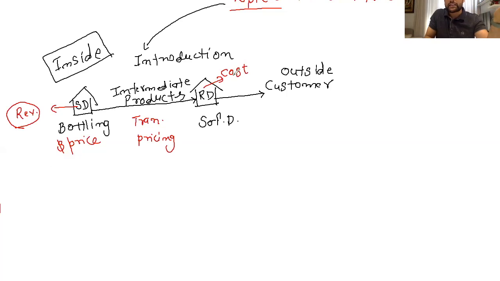So it is a cost for the receiving department and revenue for the supplying division. Whatever price the supplying division charges the receiving department is called the transfer pricing.